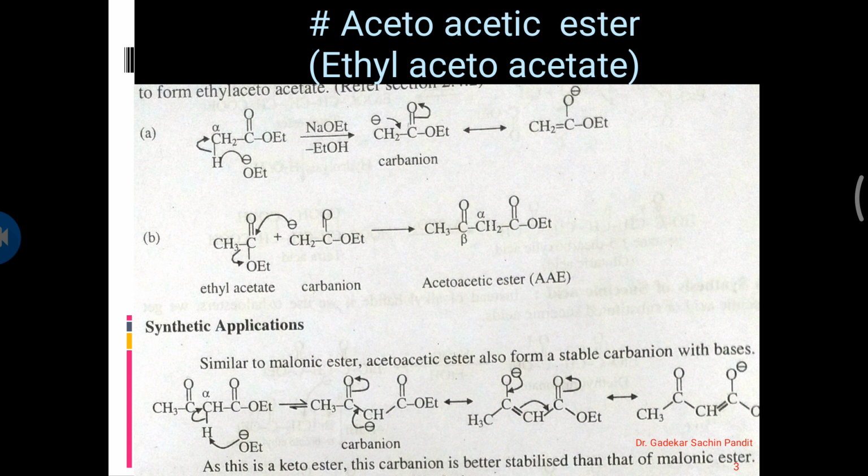This is the ketoester, and this carbanion is better stabilized than that of malonic ester. Malonic ester has two ester groups, but here one acetyl and one ester group are present. So this anion is better stabilized than the malonic ester anion.